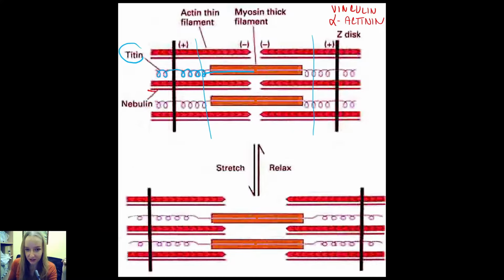The sarcomeres of myofibrils are attached to the membrane of the muscle fiber, and that means when the myofibrils shorten, the muscle fiber will shorten. And when the muscle fiber shortens, the whole muscle will shorten.